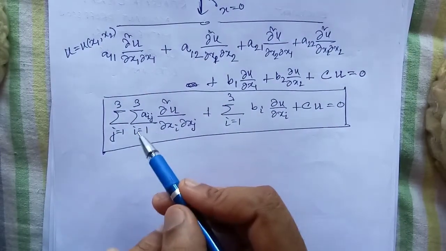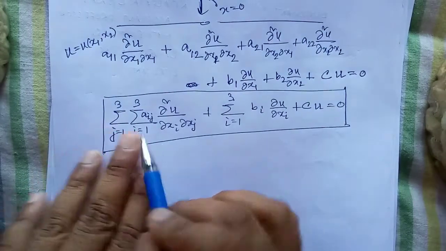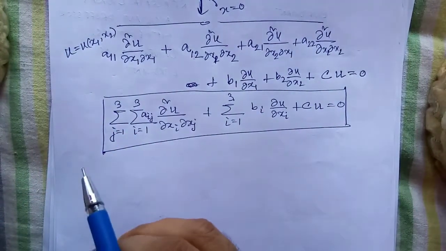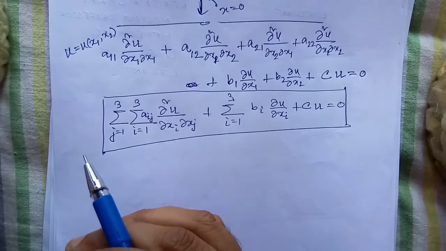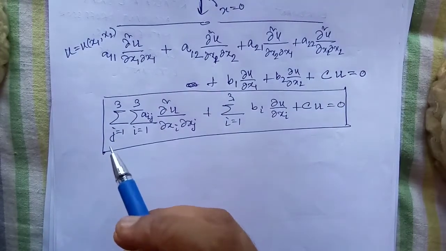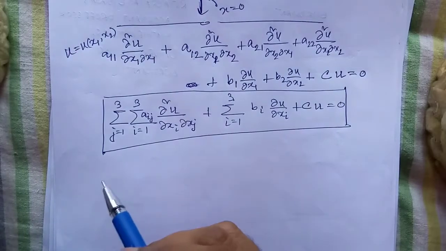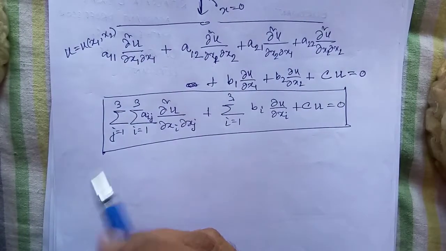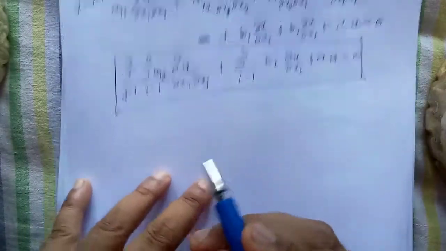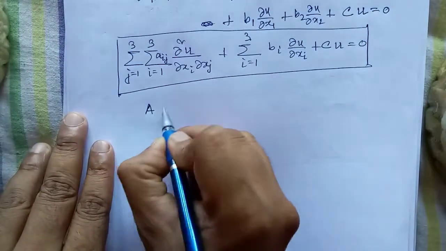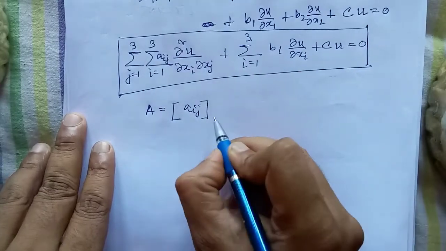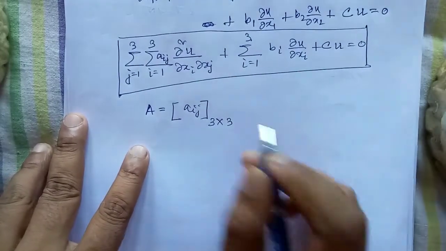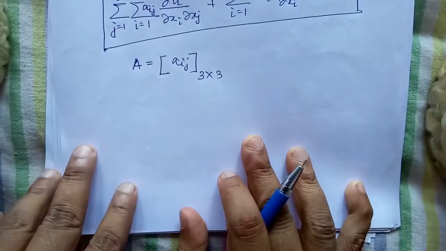This will be the principal part, so if you are taking n independent variables, you will have a11 to ann, an n cross n matrix, and this matrix we will write as capital A. This is a matrix of aij. For this case it is of order 3 cross 3.